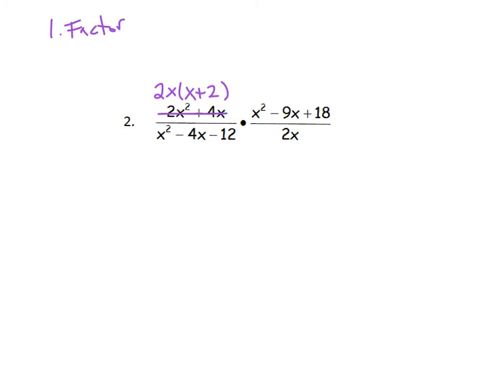Okay? In the denominator of this fraction, I notice right away that this is an a value of 1, which means we only need one step for factoring, and it's the two sets of parentheses. We know it's going to be x times x, because x times x gives us the x squared. And if we want to write down that c value over here and think about what factors of negative 12 there are, that when we add them we get negative 4.